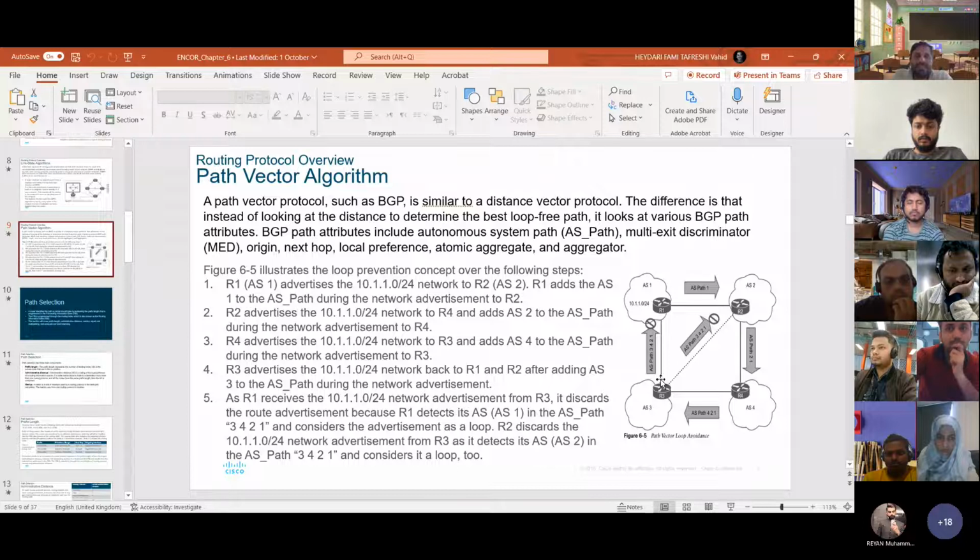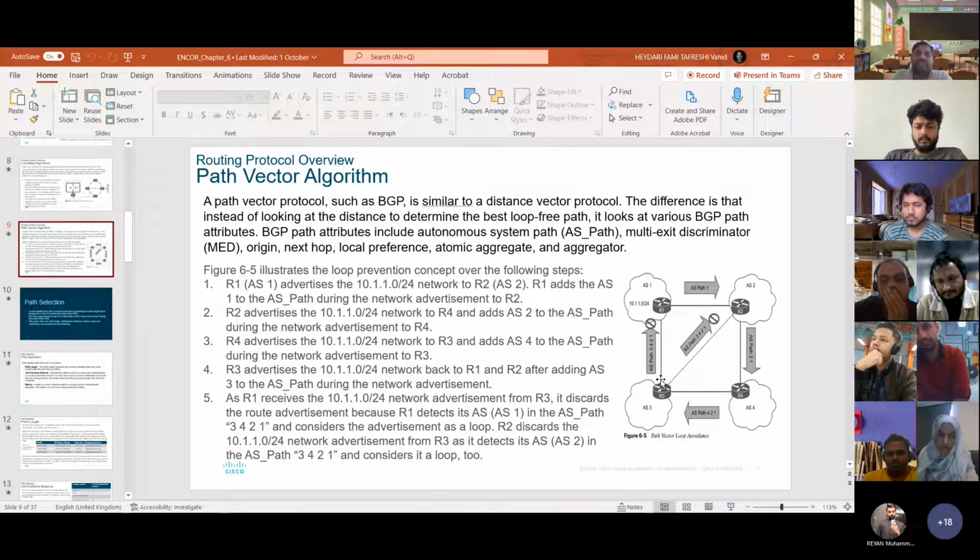What I'm saying is that for RIP, hop count, for OSPF, shortest path, for EIGRP, the composite metric determine what the best path is. For BGP, it's money, it's the contractual agreements between ISPs that determine what is the best path. And what is the best path will be specified by these attributes.